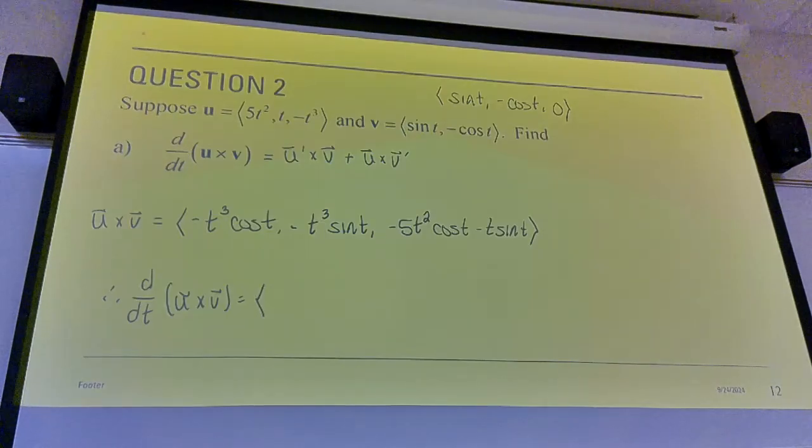What's the derivative? I got negative 3t squared cosine t plus t cubed sine t.